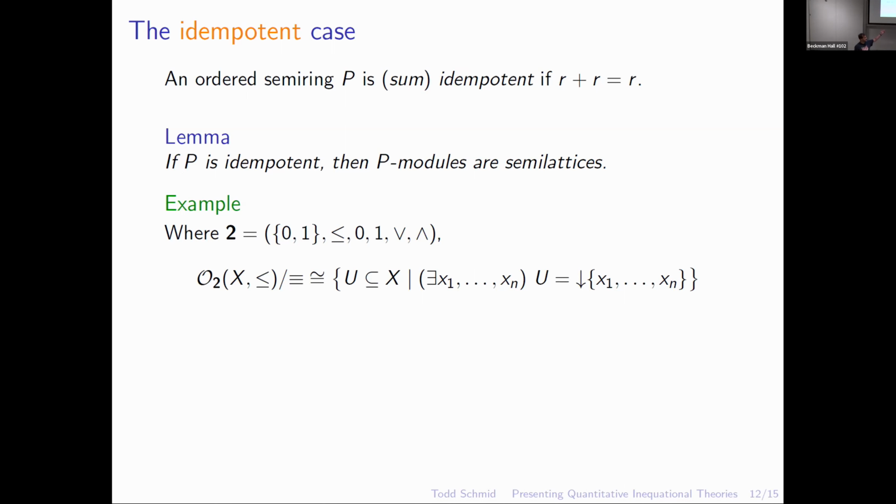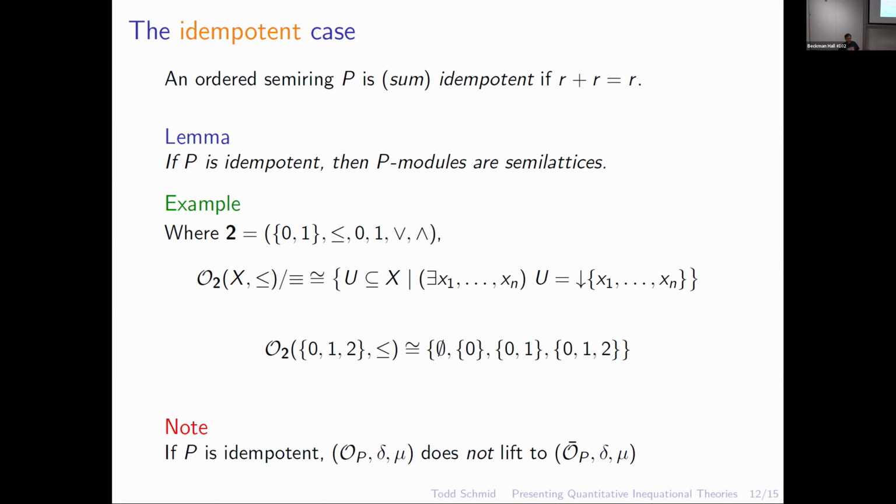I mean, that's exactly what we're doing. Here I've written down one example of this on the 3-element ordinal 3. Okay. Now, unfortunately, in this case, that monad that we had before does not work. If you like monads, this is another note for you.